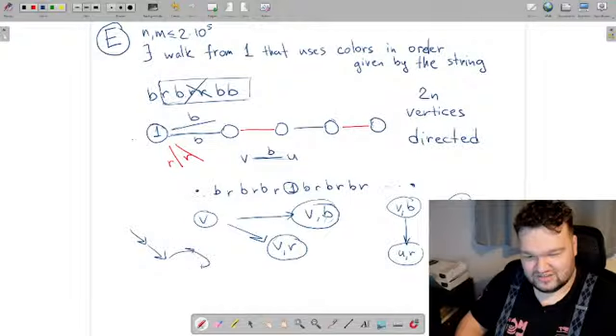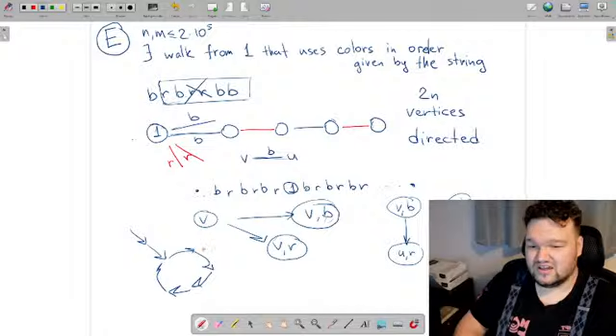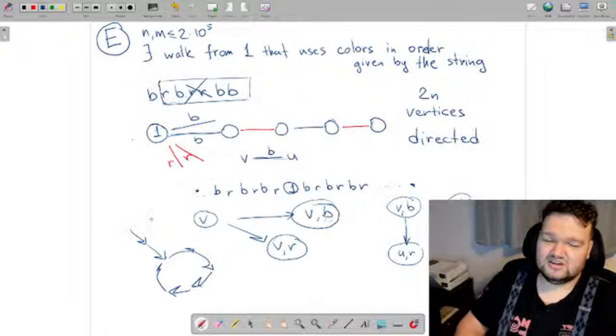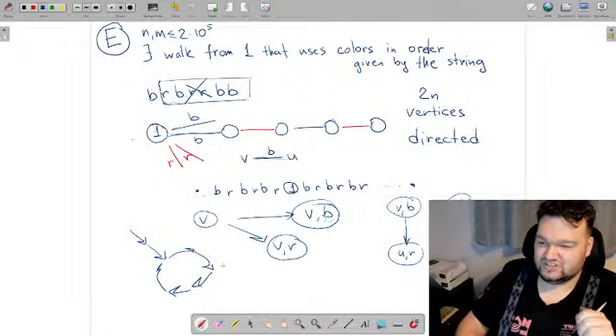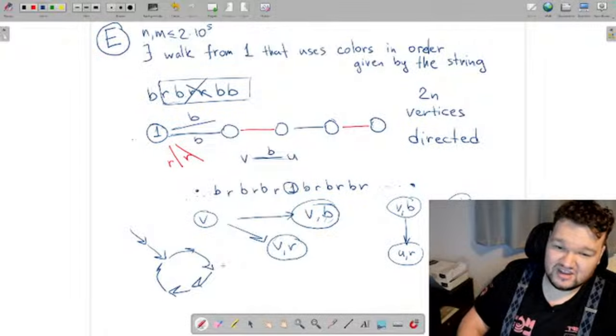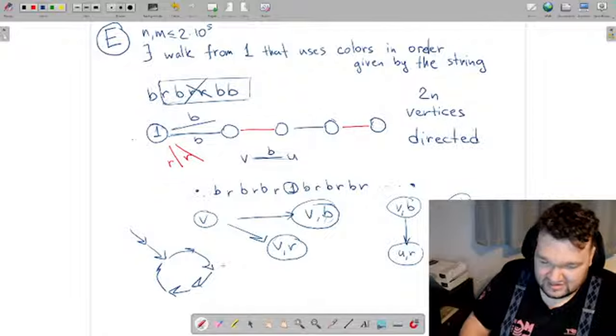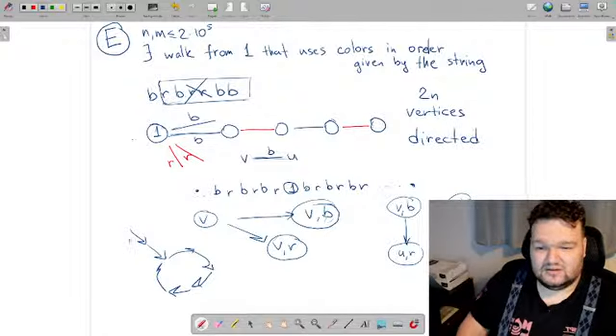If we can reach a directed cycle, then we can reach the cycle and run infinitely on it. If we cannot reach a cycle, it means that on the reachable vertices our graph is acyclic, so it's a directed acyclic graph, and we can find the longest path from every vertex using a DP on DAG. So that's one way.